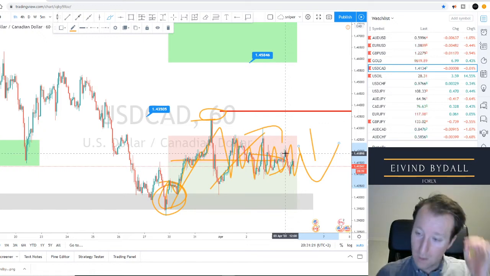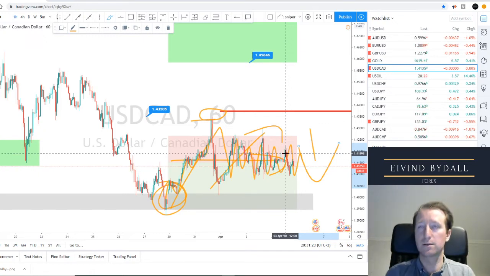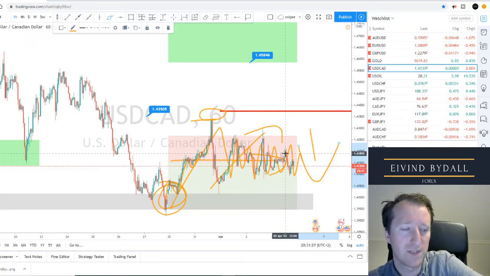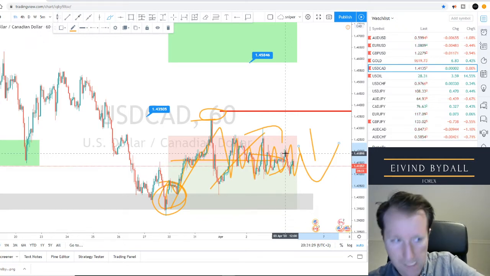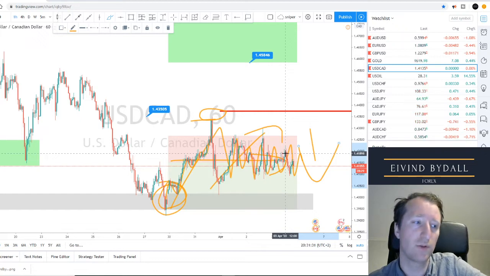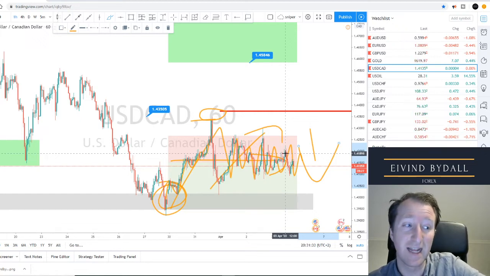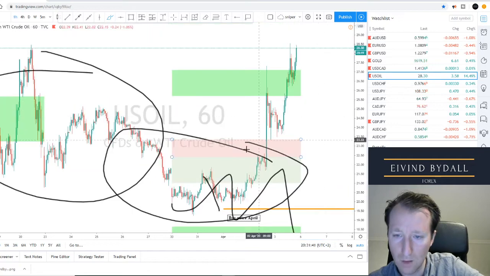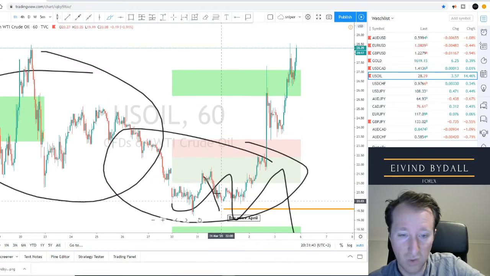But as I've said, I think I've said that since 12th of March, that if any deal happens, it will strengthen the oil. And until that happens, we're either going to fall or go sideways. So for US oil, we have gone sideways.